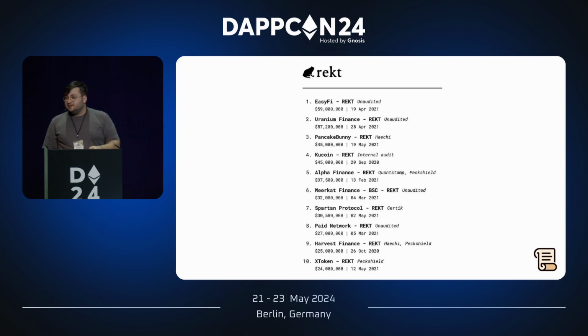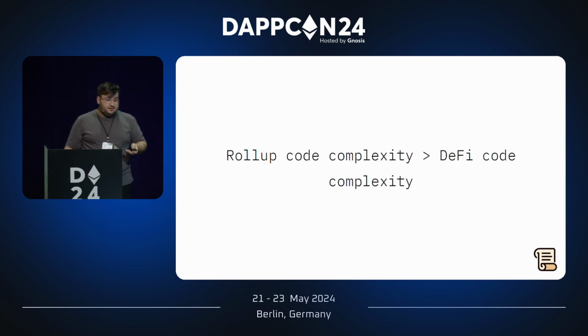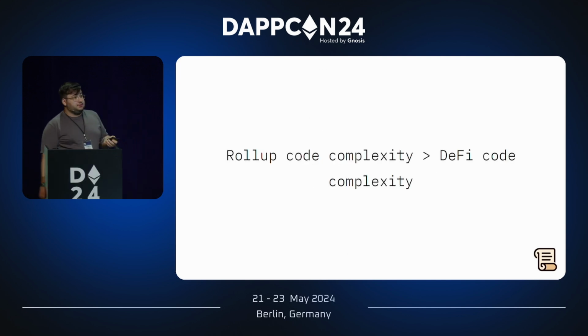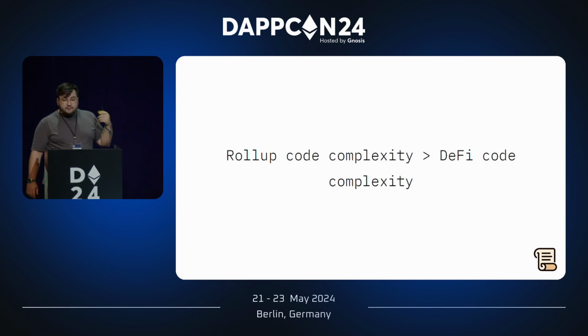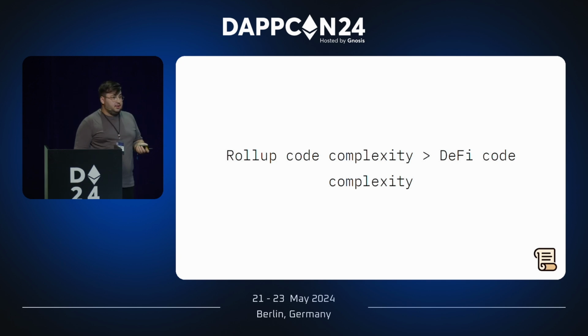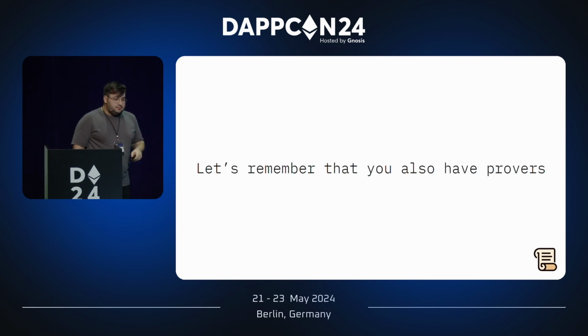And as we know, smart contracts are complex, and with rollups, they're even more complex because you have the verifier, you have the bridge, you have a lot of different functionality than an average DeFi contract doesn't have. And so it's likely that there are bugs in there, and there are potentially bugs that can lead to catastrophic consequences.